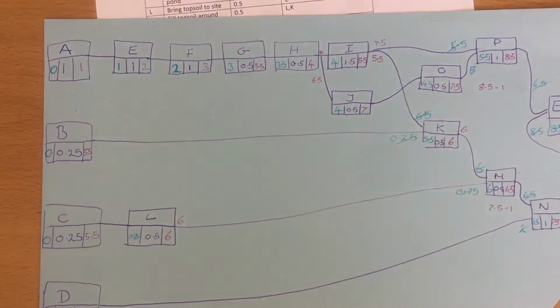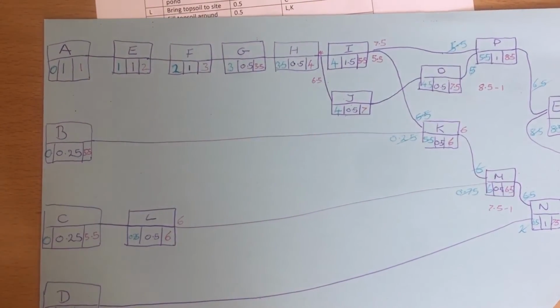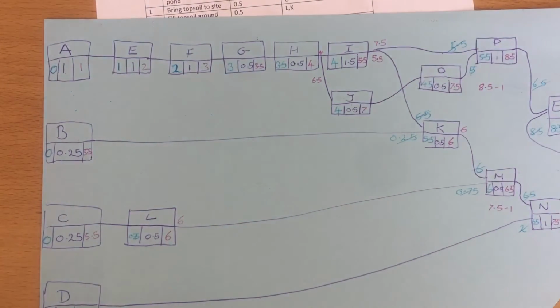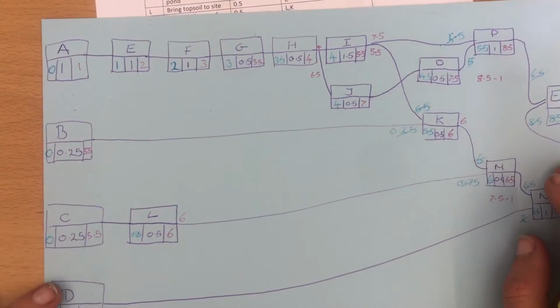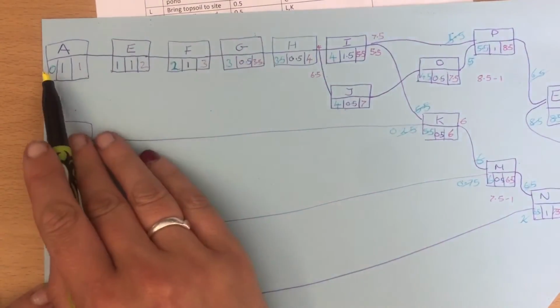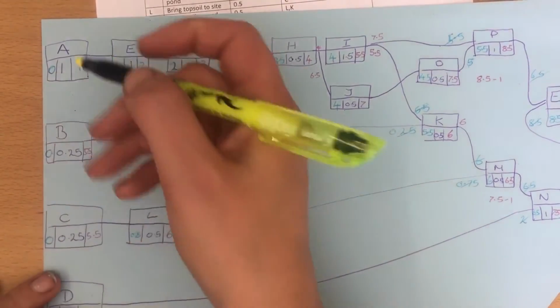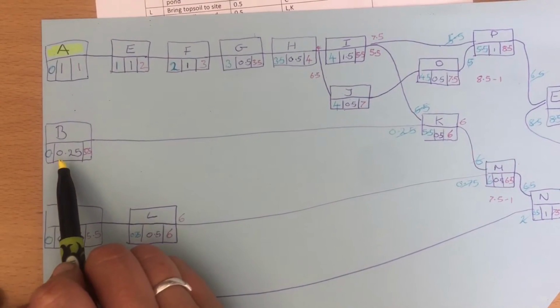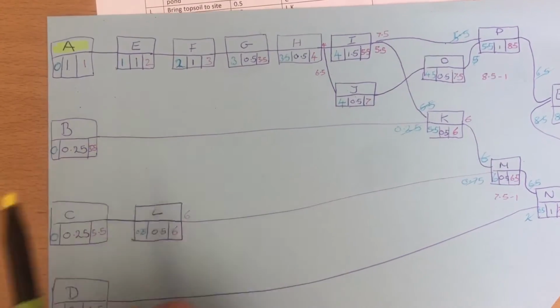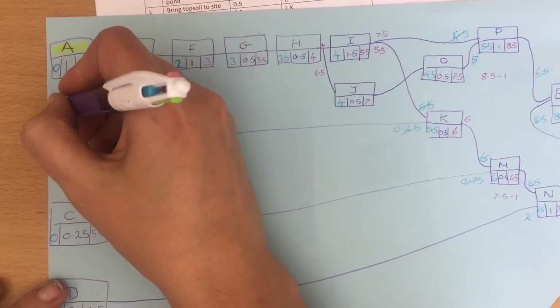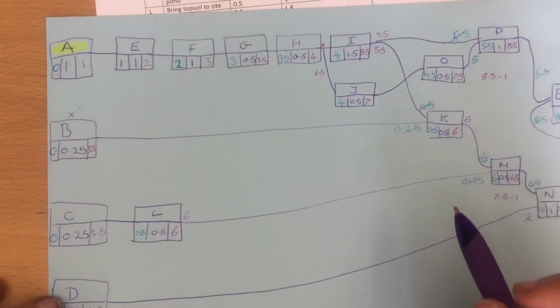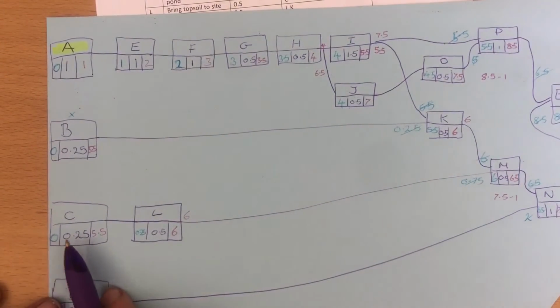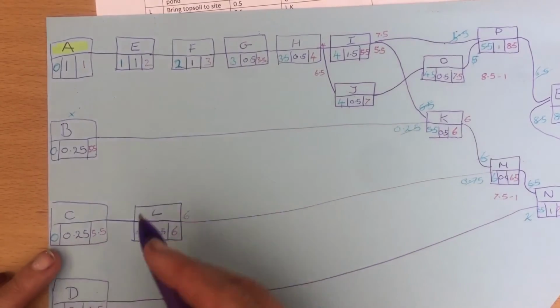Next thing that we are going to need to do is a critical path. What we're looking for with a critical path is whether or not the numbers work. So, 0 plus 1 is 1. This one is critical. 0 plus 2.5, 5.5. That's not true, so it's not critical. 0 plus 2.5 is 5.5.